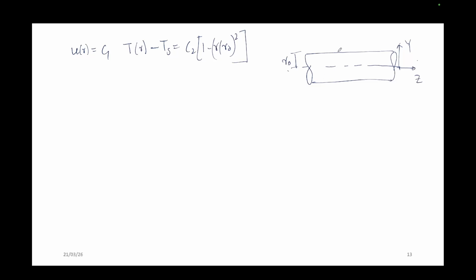See, this Ts means the surface temperature, and c1, c2 are constants. Got it? Two things are given, one is this and another is this.